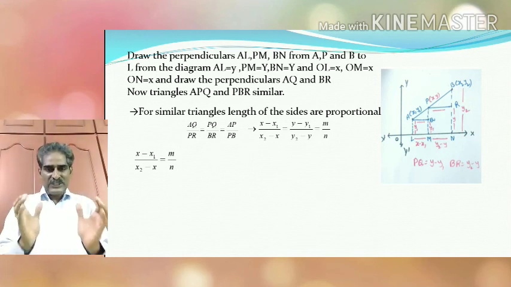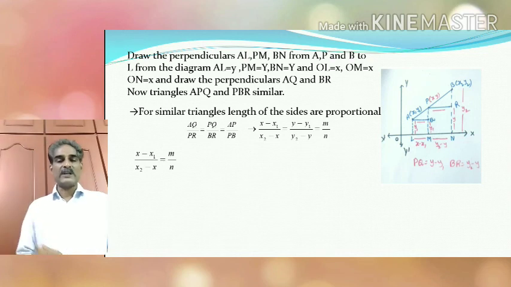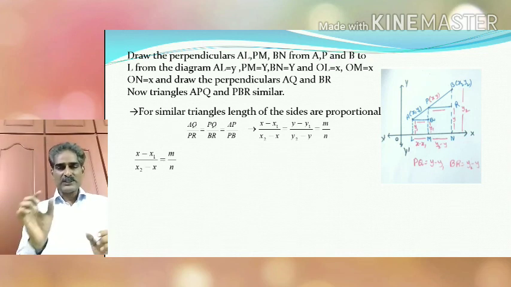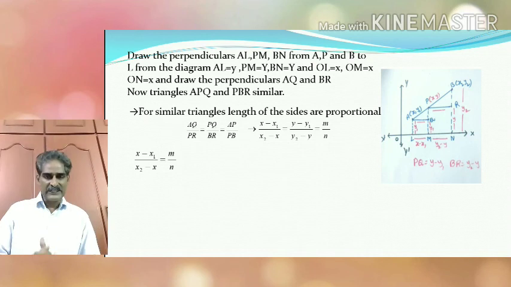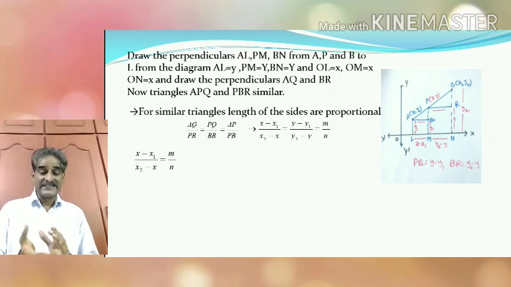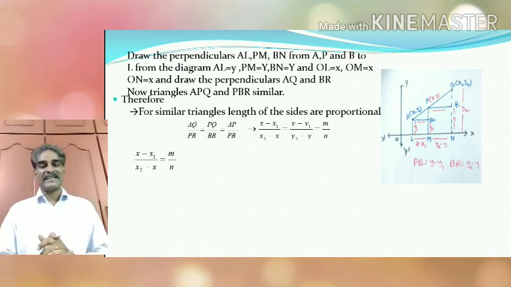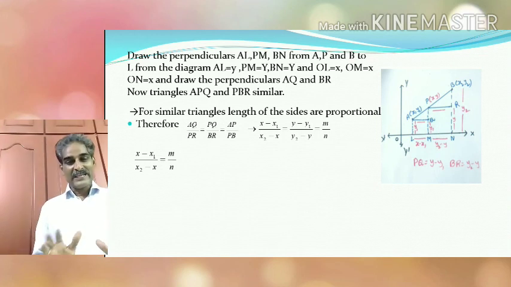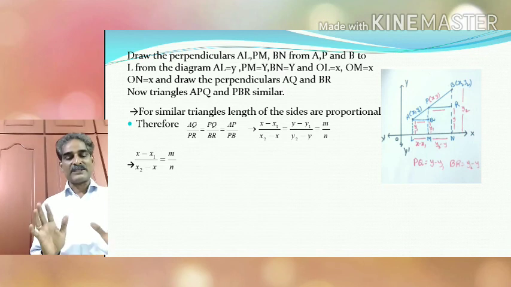Okay, from this equation we can find out x and y values. So for x, just take first and last term. That means x minus x1 by x2 minus x is equal to m by n. By simplifying this equation, we can find out x value, that is x equal to mx2 plus nx1 by m plus n.